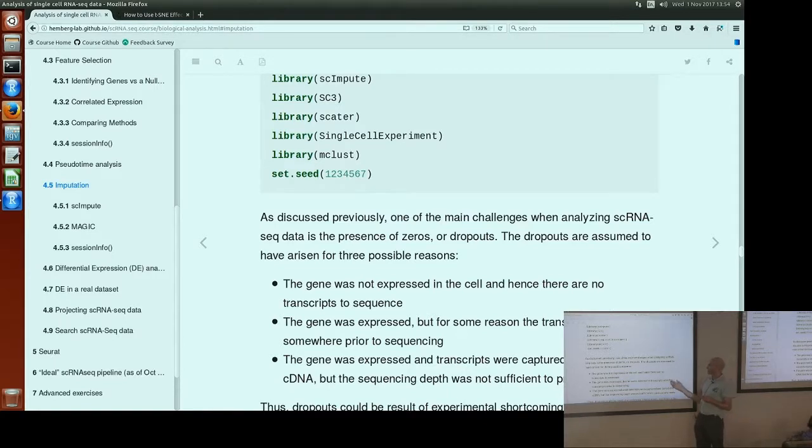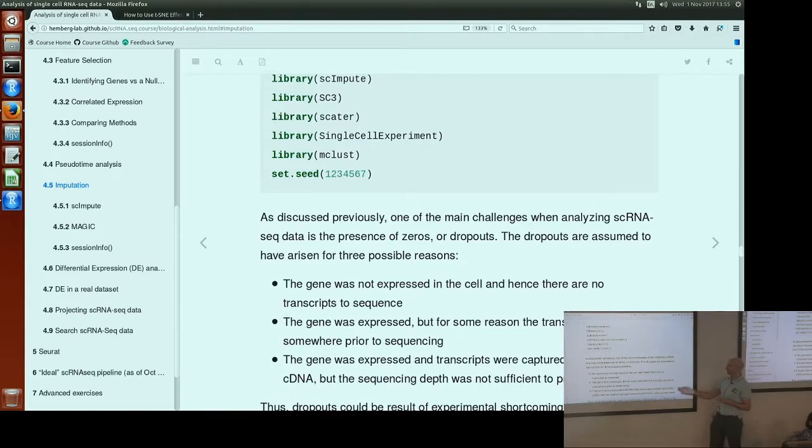Another reason, which is more problematic, is if the gene actually was expressed, so there were transcripts present, but for some reason we were unable to capture them, or they got lost when the cell was lysed, or they fell out before we were sequencing, and hence we record a 0 even though the transcript was actually present.